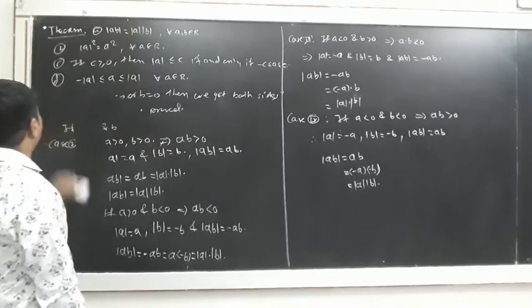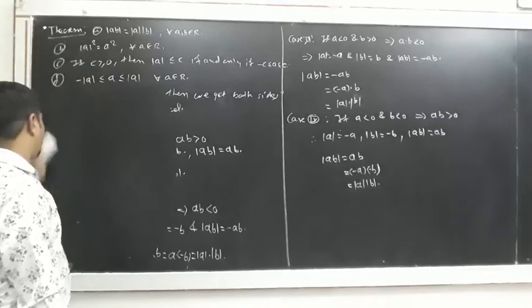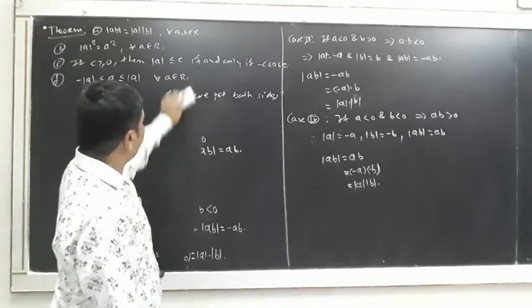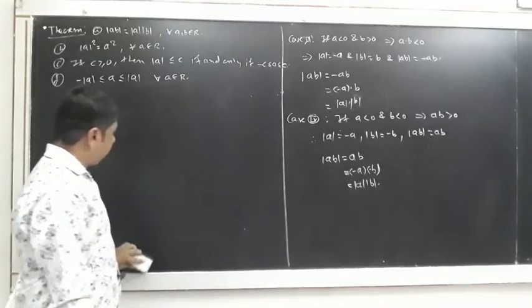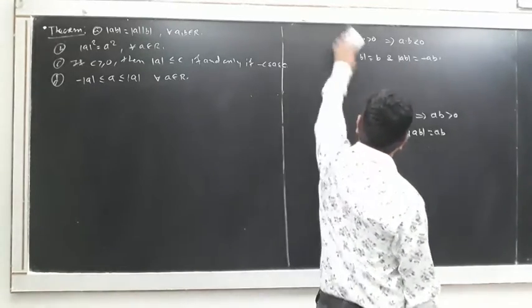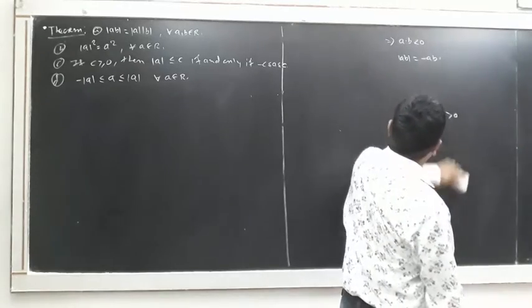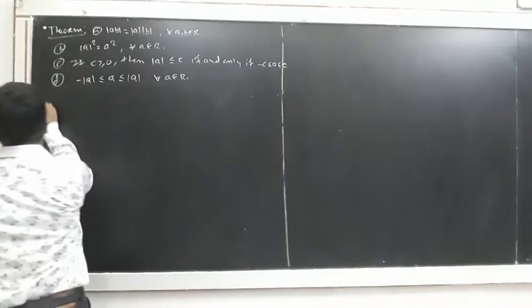What is the second one? Mod of A square is equal to A square for all A belongs to the R. Okay, so how do we prove this? Proof.